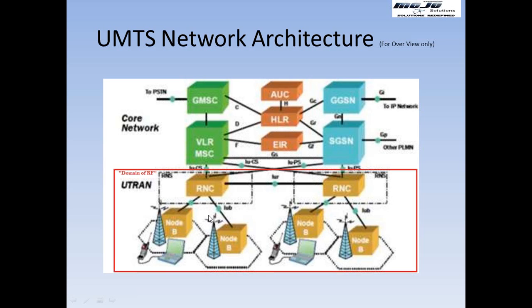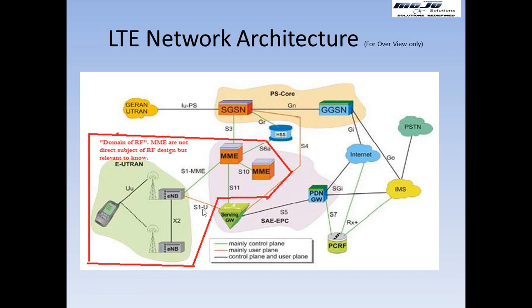The RNC has 3 functions: traffic control, mobility, and call integrity, meaning the call remains connected and the quality of service is good. These were the major functions of the RNC. But in LTE, out of these 3 functions, mobility is in the MME. The rest of the functions have been embedded inside the Node B.